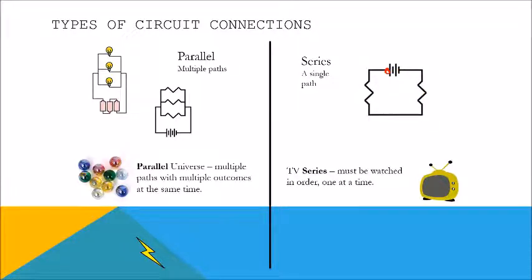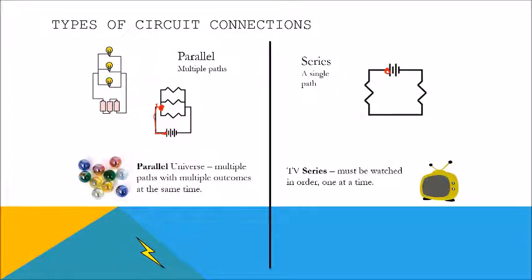Parallel circuits have multiple paths. In series, there's only one path we can take, and we have to go through every single resistor. In parallel, we go from the battery, and then at some point we come to a junction where we have to make a choice. How the choice is drawn depends just on the way it's drawn.